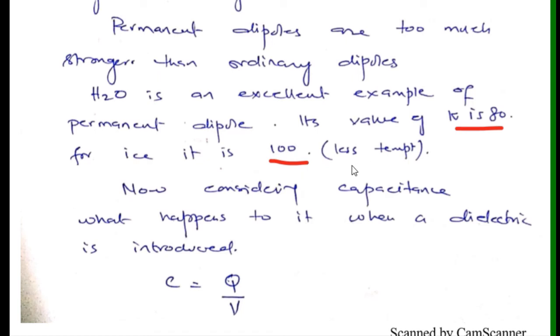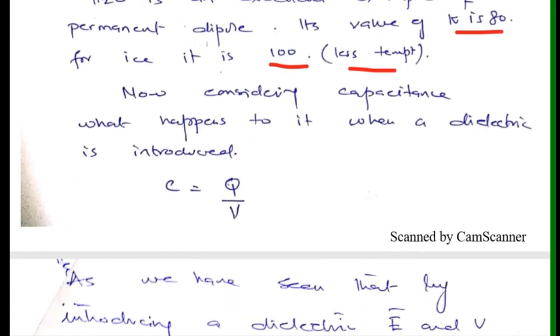So again, you see that when it is at a greater temperature, the value of kappa is 80, but when it is at less temperature, that is close to 0 degrees Celsius or less, then kappa is 100. So this again shows that the temperature plays a negative role in dielectrics.